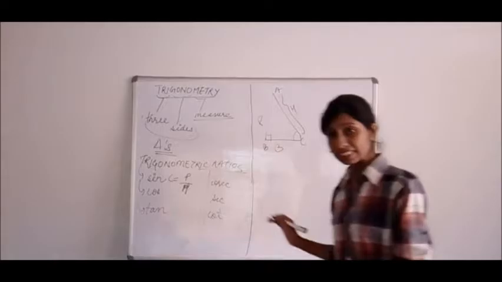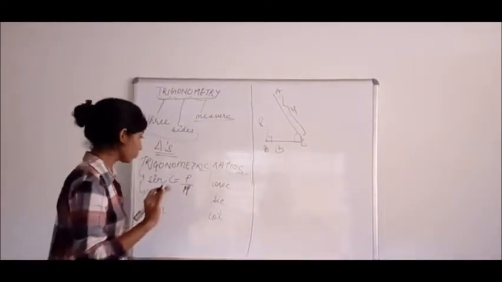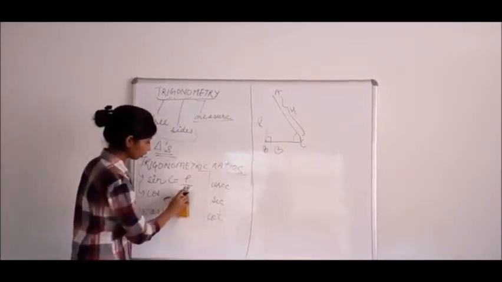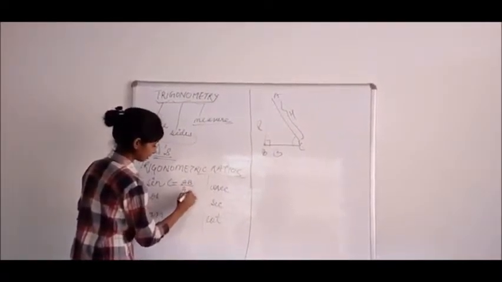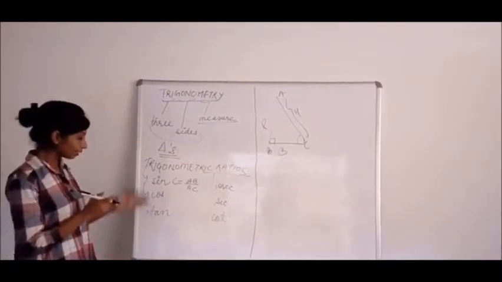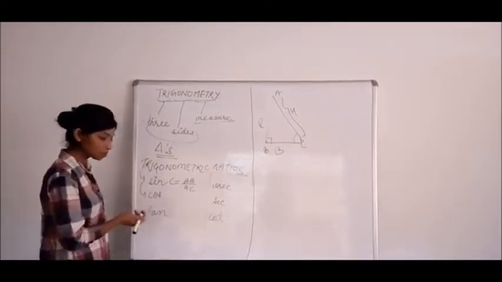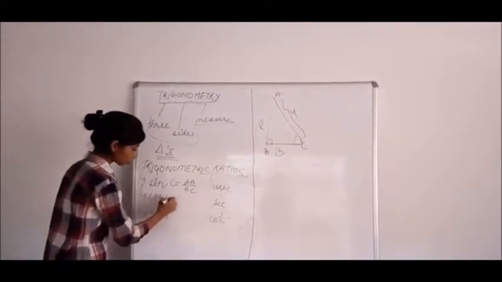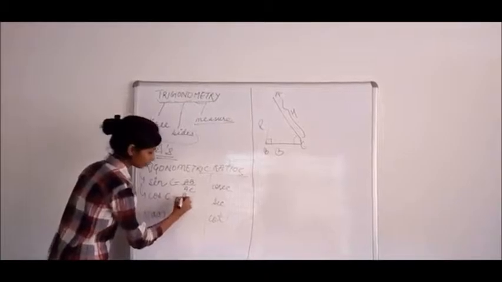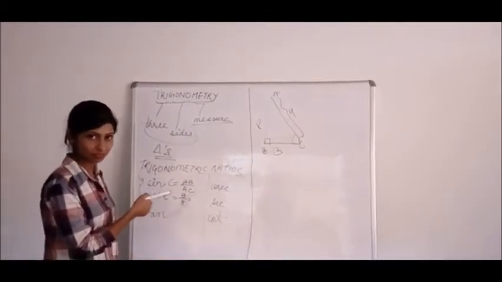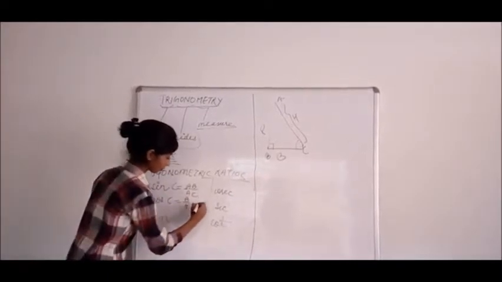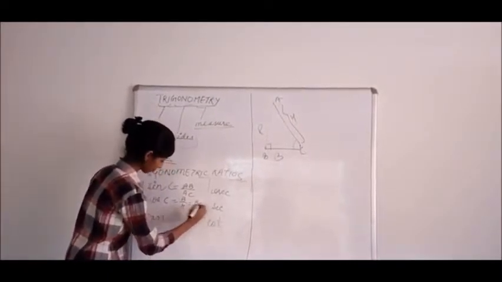Since sine C has the formula P upon H, sine C will be AB upon AC. Cosine of C, abbreviated as cos C, is B upon H, which in our triangle is BC upon AC.